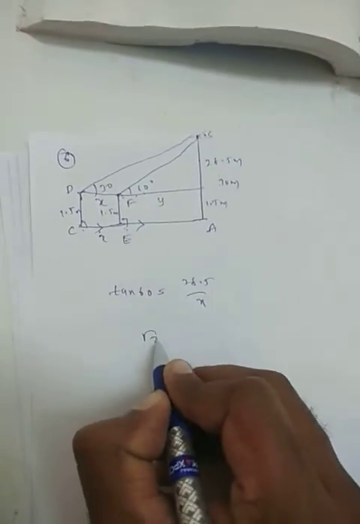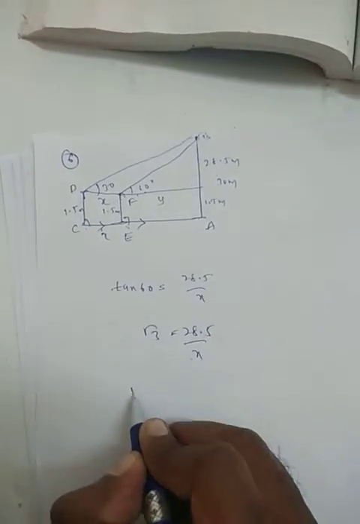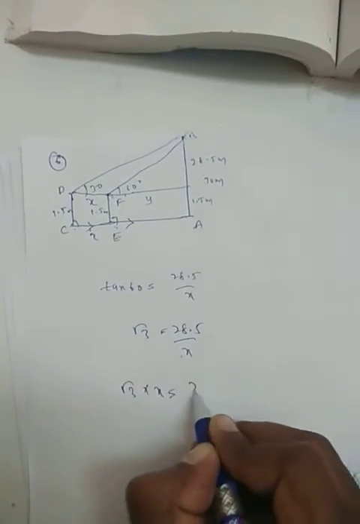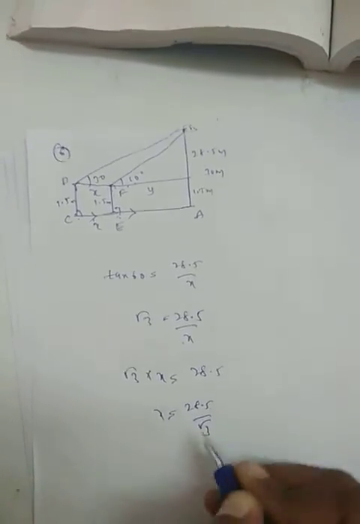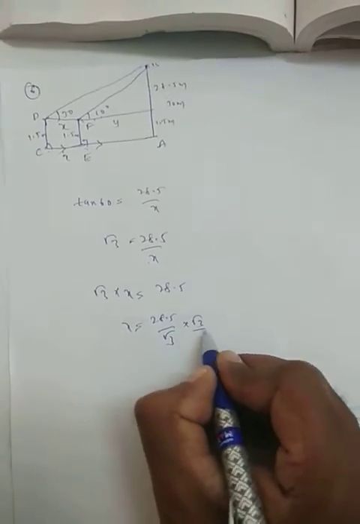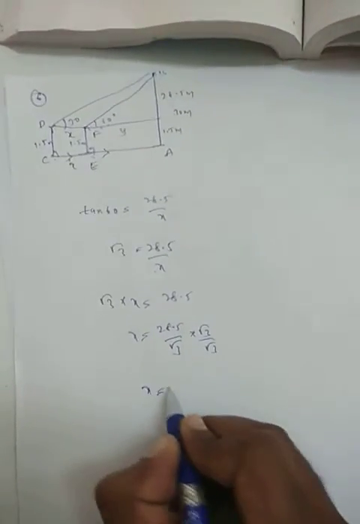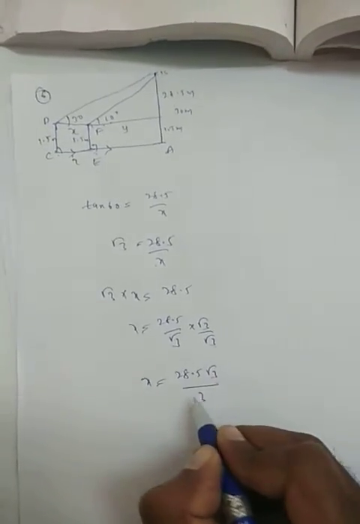Tan 60 value is root 3, this is 28.5 by y. Cross multiplication: root 3 into y is equal to 28.5, y is equal to 28.5 by root 3. Multiply and divide by root 3. What you will get? y is equal to 28.5 root 3 by root 3 into root 3, which is root 3 squared, that is 3.